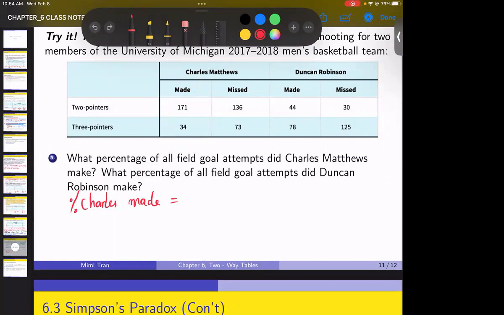So 171 plus 34 divided by all of it, of Matthews' table. So all of it will be 171 plus 34 plus 136 plus 73. That's all of it.